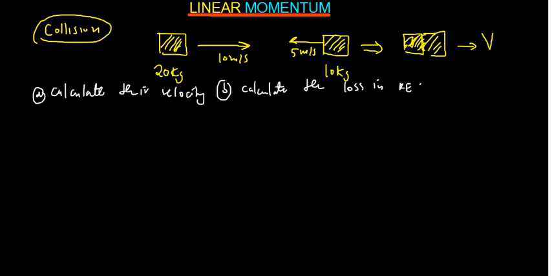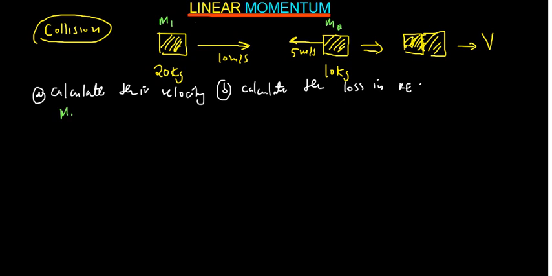We know that momentum is always conserved in any kind of collision. So momentum before impact, let me call the 20 kg object m1 and the 10 kg object m2, should be equal to momentum after impact.